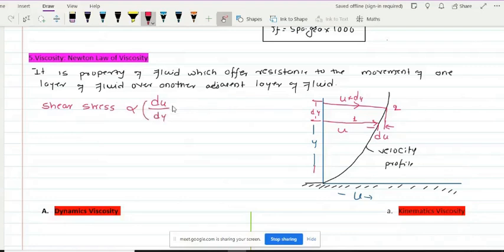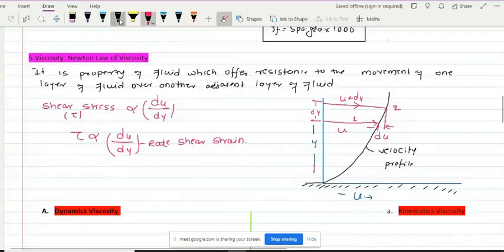That is, tau is directly proportional to du by dy, where tau is the shear stress and du by dy is called the rate of shear strain.